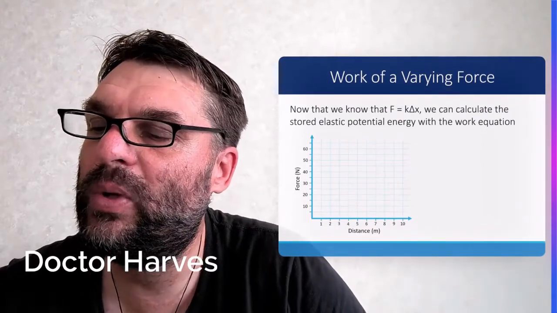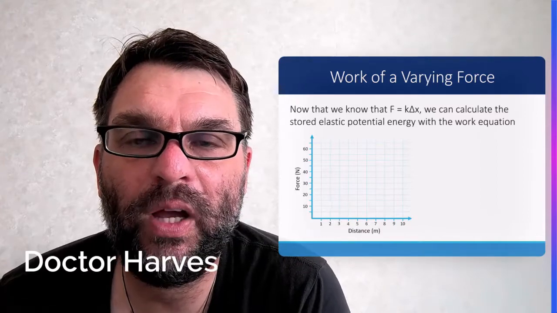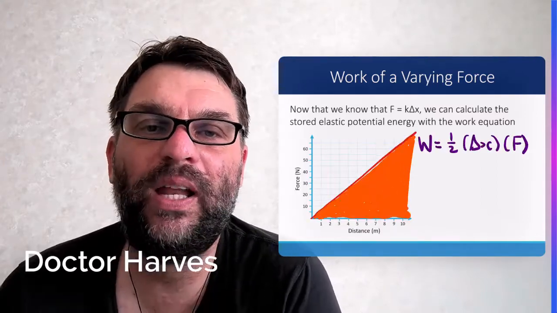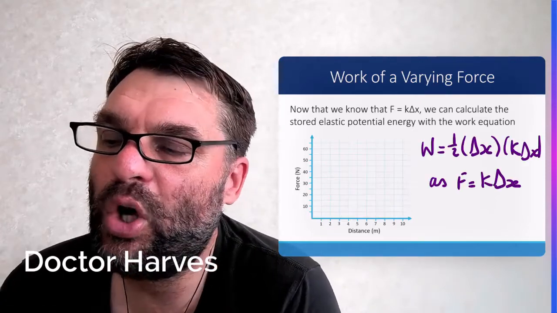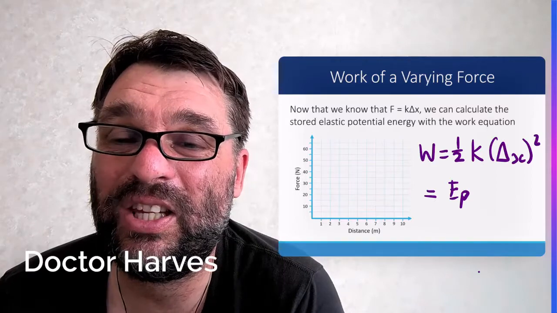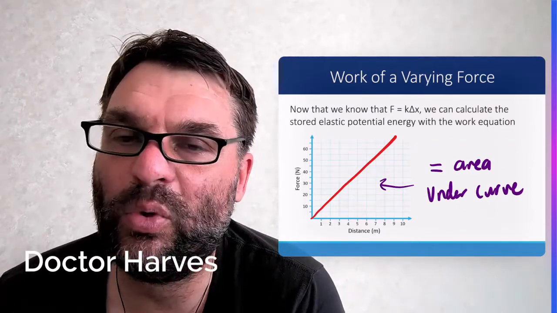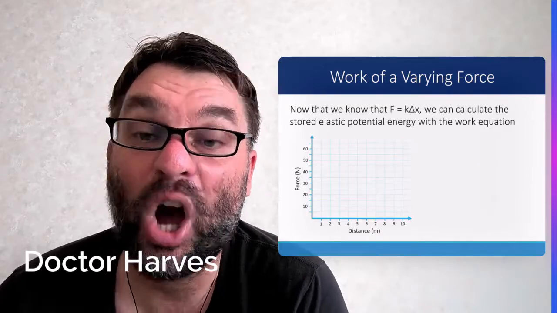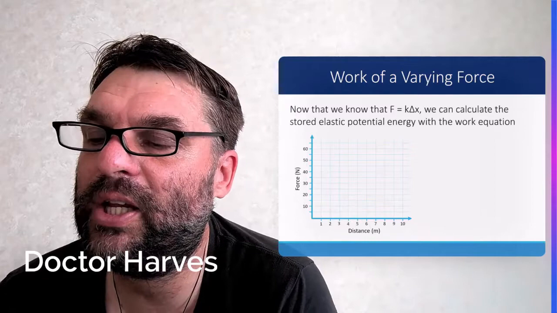As we know, the force equals k delta x. We can therefore calculate the stored elastic potential energy with the work equation. The work equals half the change in extension times the force being applied. So work equals half delta x times k delta x, because force equals k delta x.